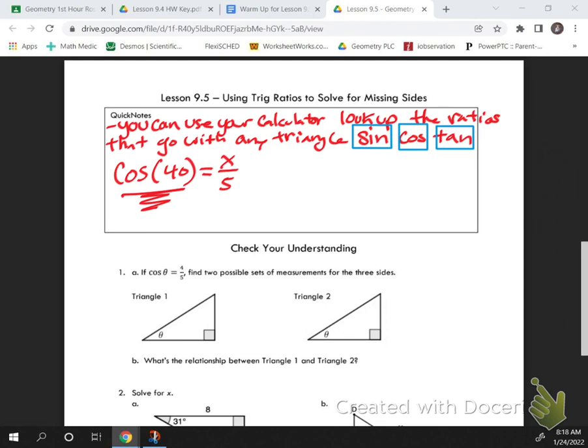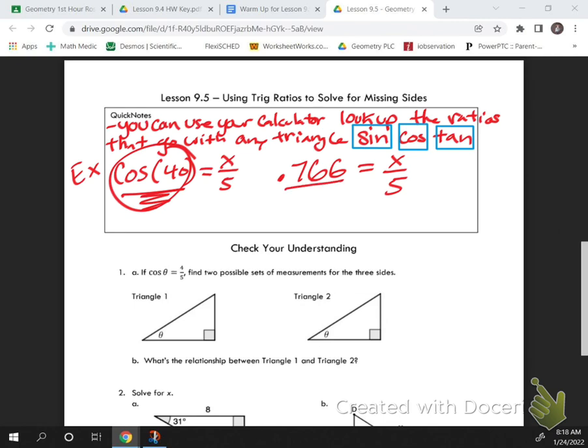So let's do the cosine of 40 in our calculators. What's the cosine of 40? 0.766. Cosine of 40. So I can replace this now with 0.766. How would I solve for x?